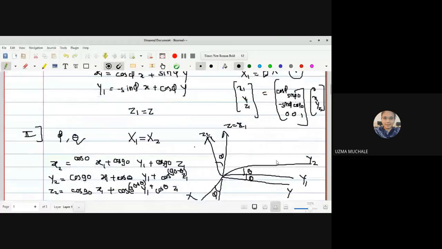Now, suppose you are going to fix the y-axis, what will be the change? Let me write down that change.